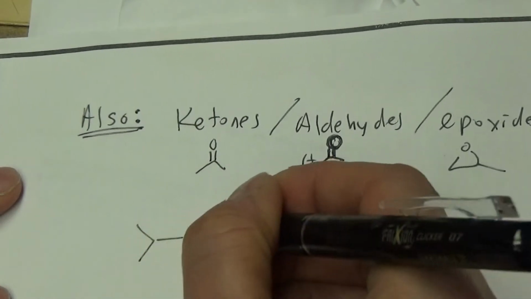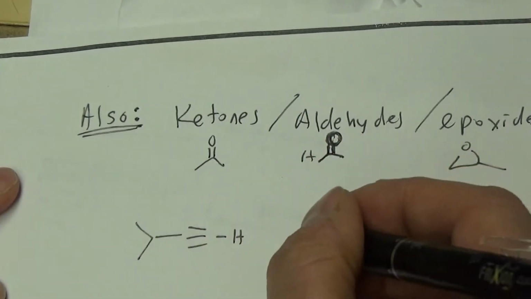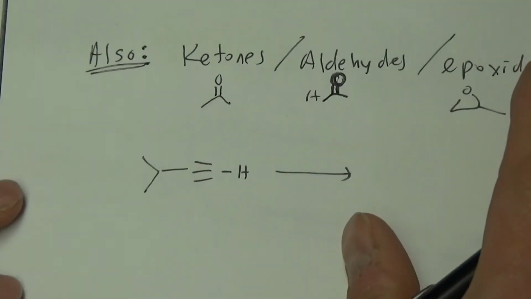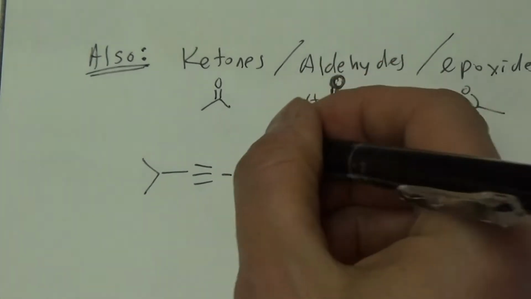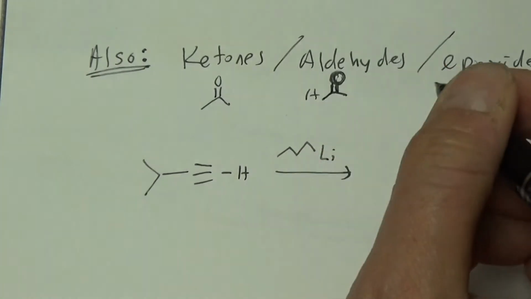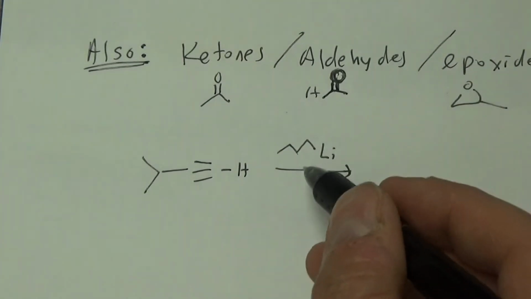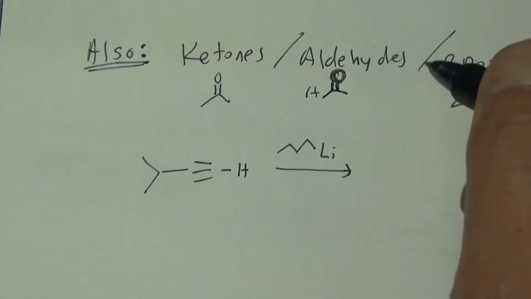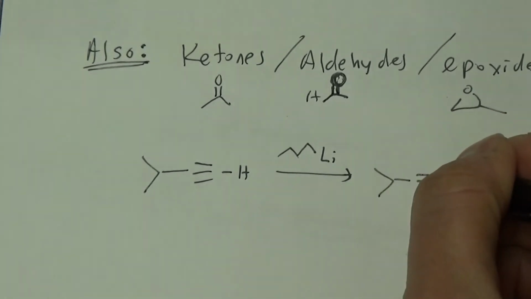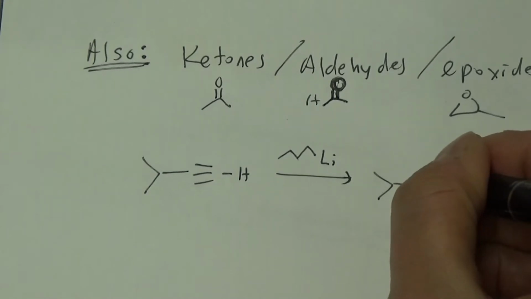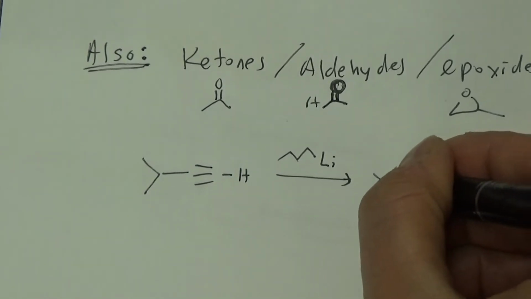Okay, so example. Take an alkyne. How do we rip off that proton? We can use NaNH2. We can also use butyllithium. Butyllithium is a super duper base. It's one of the strongest bases in the universe. Rip off that proton, and now we have, how do I draw it?